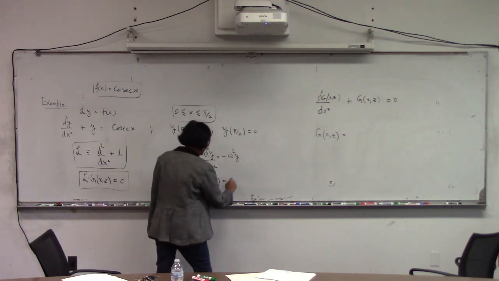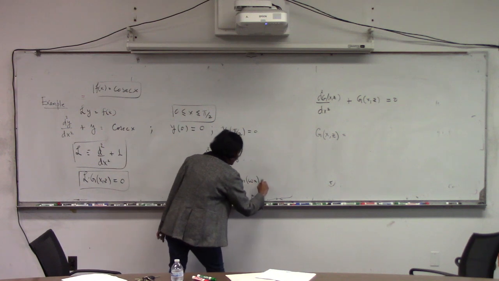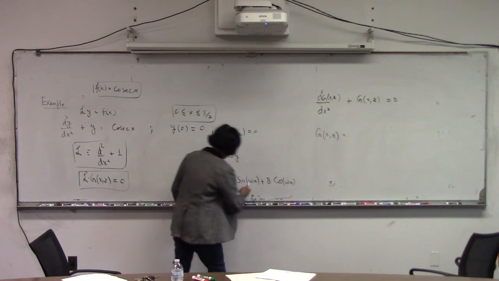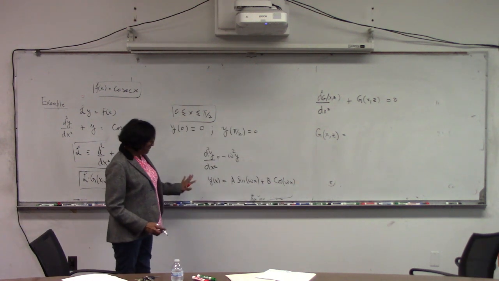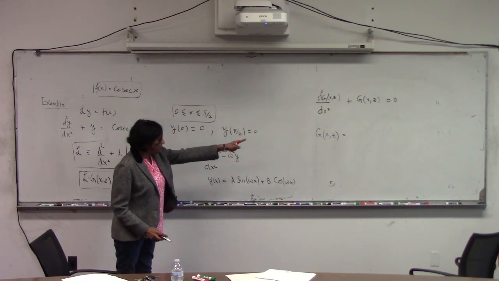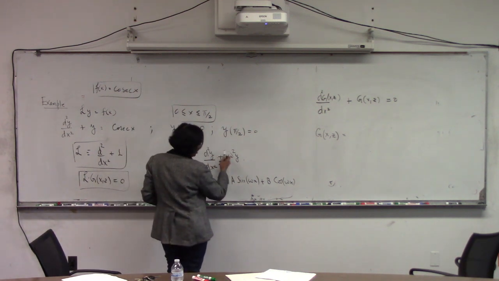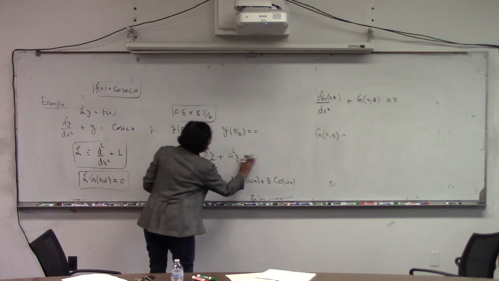The solution is e to the power plus or minus i omega x, or you can write it in terms of sine and cosine, right? This is how you would write it. You can just substitute it, take the derivative twice, and you'll see it will satisfy that. It looks exactly like that equation, except omega squared I put as 1.